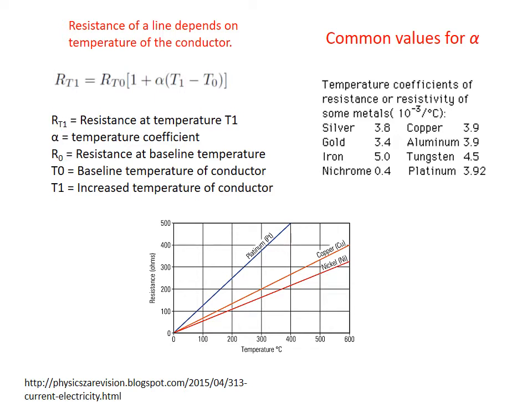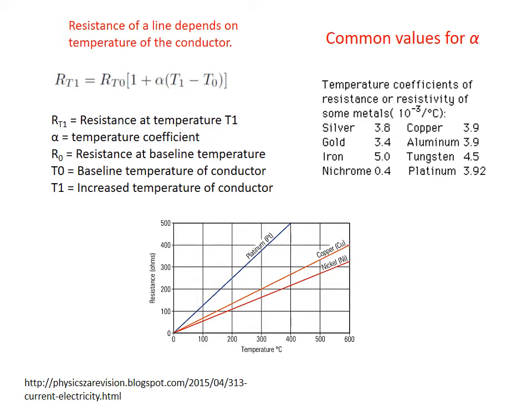And so there's an equation here that shows you the resistance at a certain temperature is equal to the resistance at some sort of baseline temperature times this equation in brackets, 1 plus alpha times the difference between those two temperatures. So basically this is just saying that the resistance of a conductor increases linearly proportionally to whatever this alpha value is, the temperature coefficient.